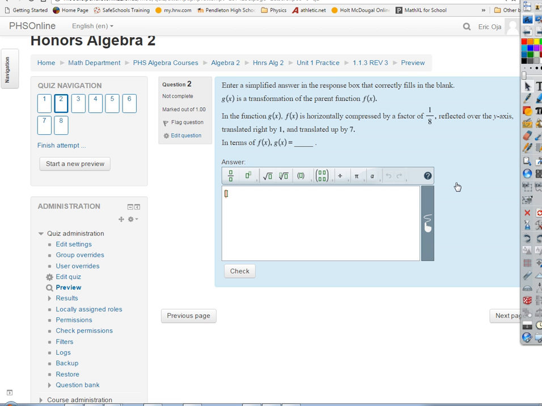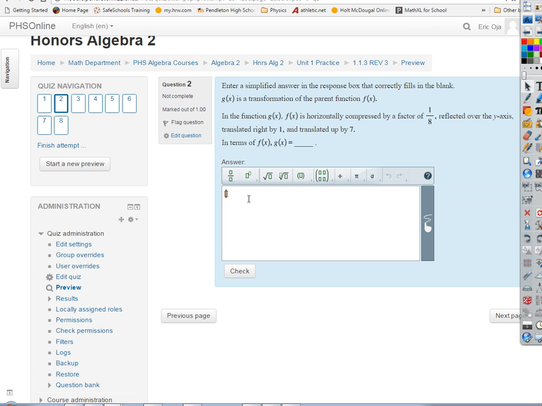Okay, in this case, we're going to do, let's see, 1, 2, 4 things also. We're going to horizontally compress f of x by a factor of 1/8, reflect over the y-axis, translate right by 1, and translate up by 7.